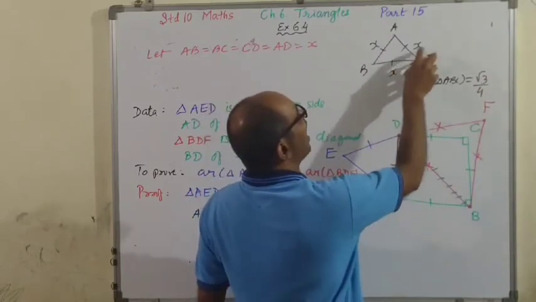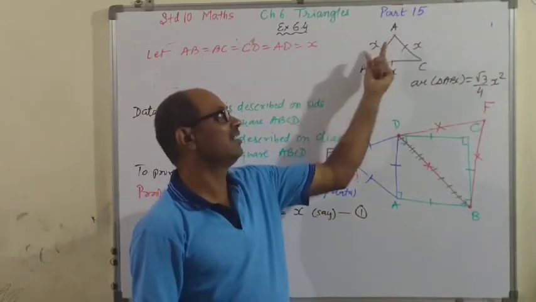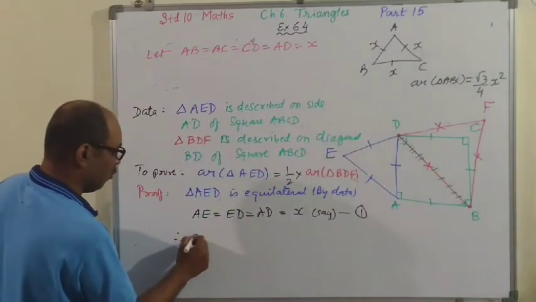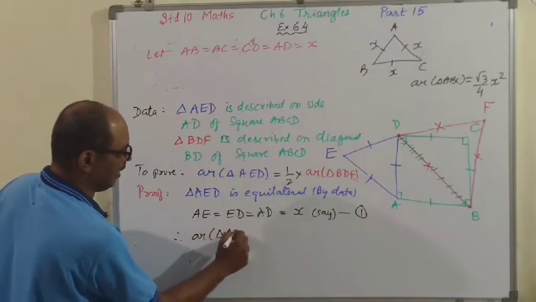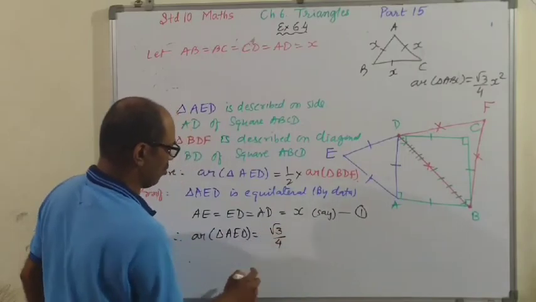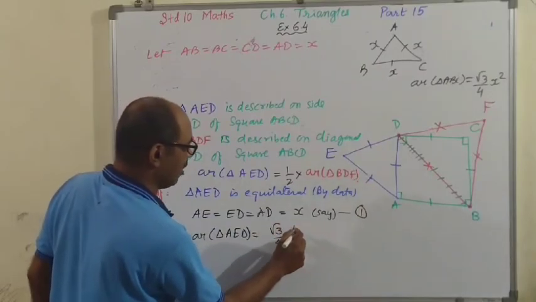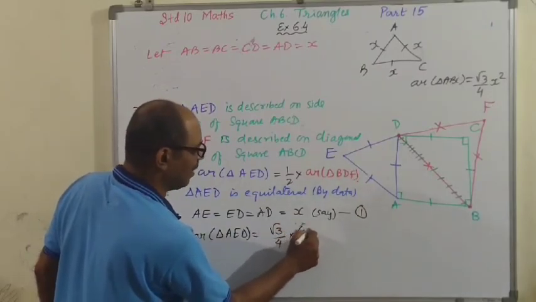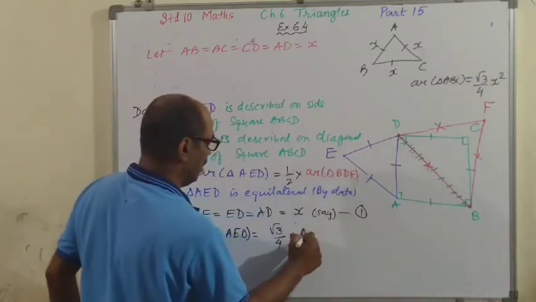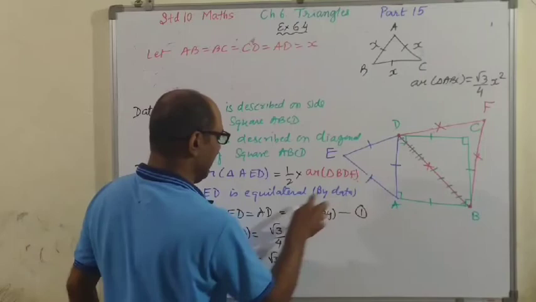√3 by 4, side square, that means X square. कोई भी साइड, BC square या AC square या AB square. Please remember this. So I'm going to use that. Therefore, area of triangle AED, which is equilateral, the blue one, is √3 by 4 AD square, side square. और ब्रैकेट में लिखता हूं, कोई भी साइड लिख दो, AD square, that is equal to √3 by 4 times, what is AD?